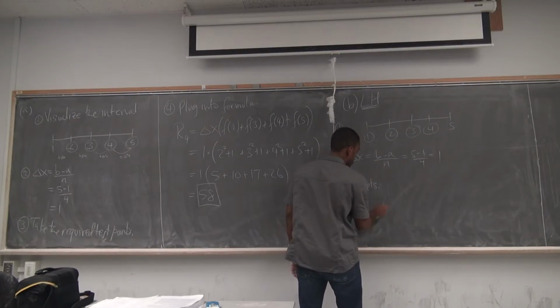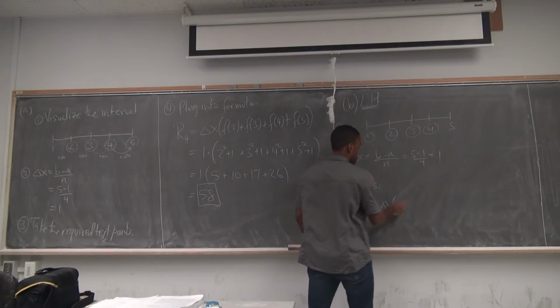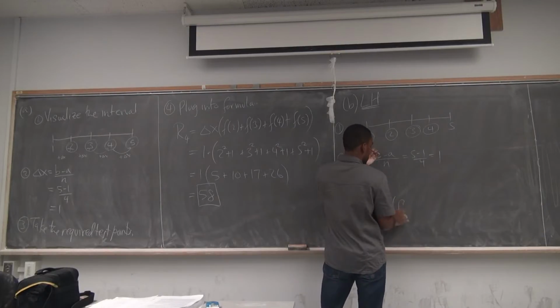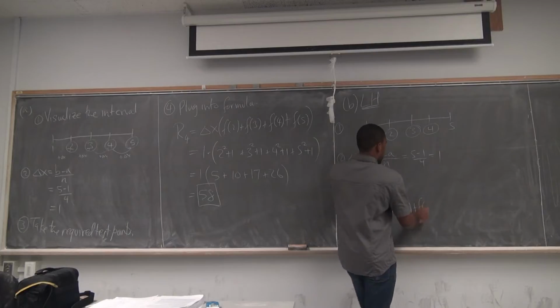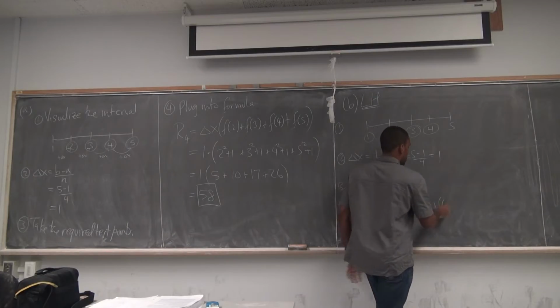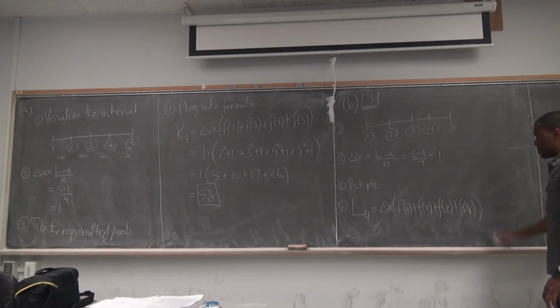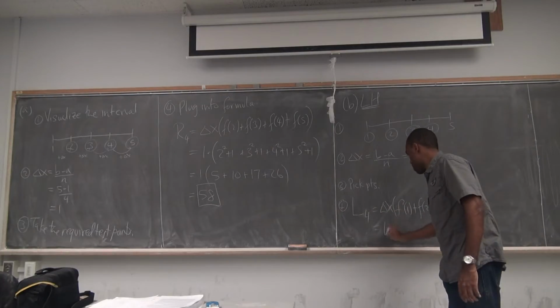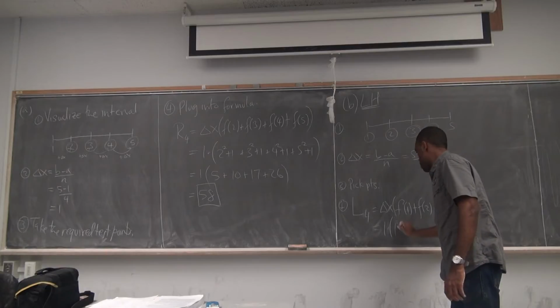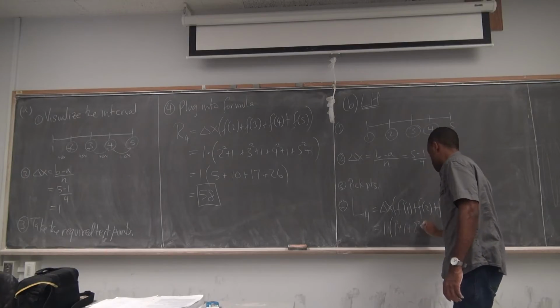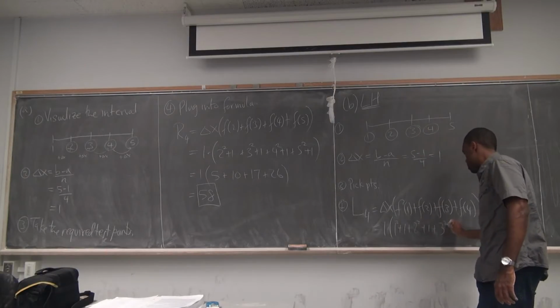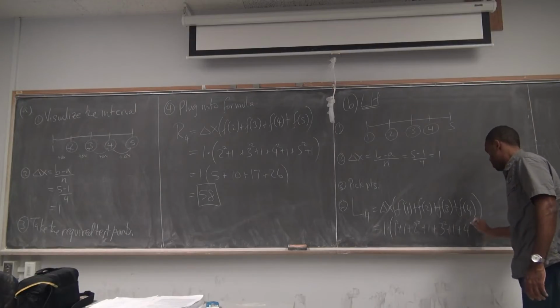And 4, I'm going to plug into that formula. L4 is just going to give me delta x times f of 1 plus f of 2 plus f of 3, which in this case is going to be 1 times 1 squared plus 1 plus 2 squared plus 1 plus 3 squared plus 1 plus 4 squared plus 1.